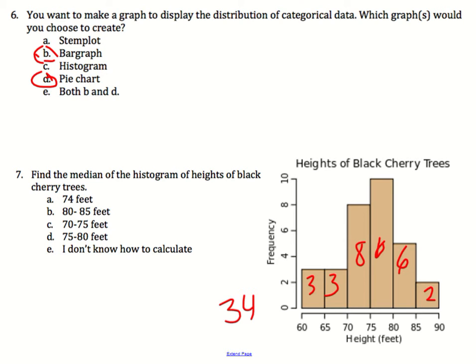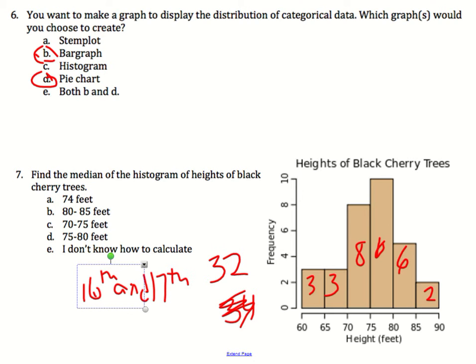Hang on, let me pause this and make sure I can add this up correctly. It appears I added up wrong. What we should be doing is it's 32. So if we're trying to find out the middle of 32, we're going to have the average of the 16th and 17th numbers.